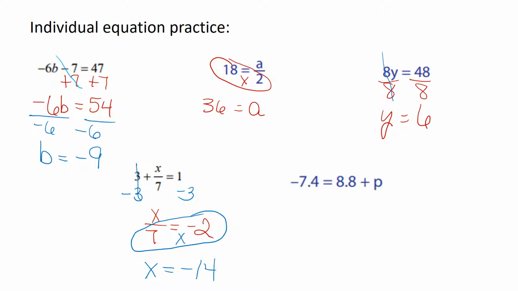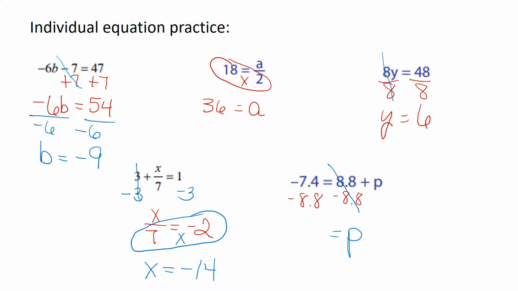And finally, in order to get the letter P by itself, I need to subtract 8.8 on both sides of the equal sign. This will allow the 8.8 and the negative 8.8 to cancel out by the variable, which will give me my variable of P by itself.